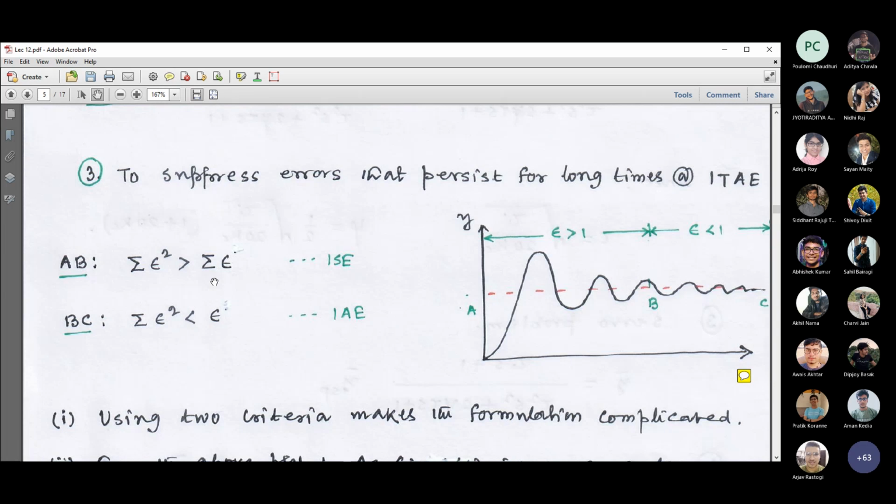In fact, I have shown before the error 0.5 and error 2. In case of 2, if we take the square of it, it is always greater than error. So we should prefer ISE for segment AB, and for segment BC, we should prefer IAE.